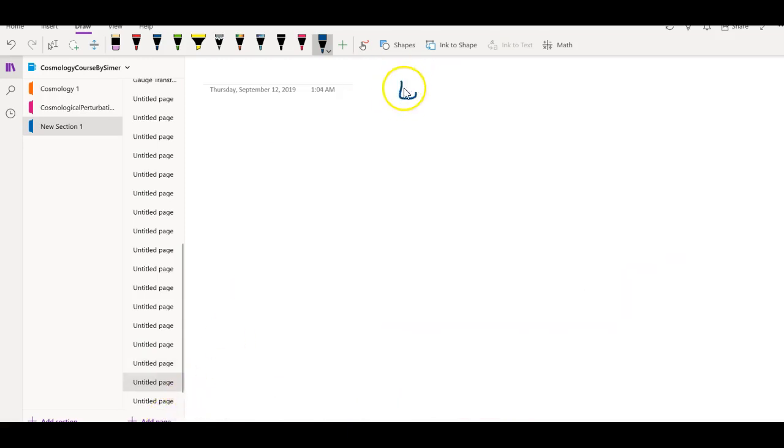So if E_ij is traceless, then E_ij plus E_ji is also traceless. Then this is also traceless.